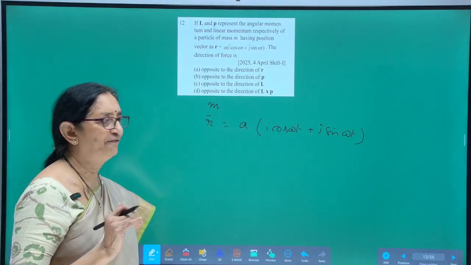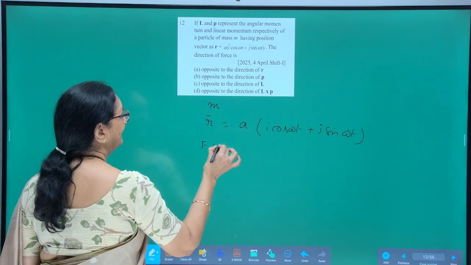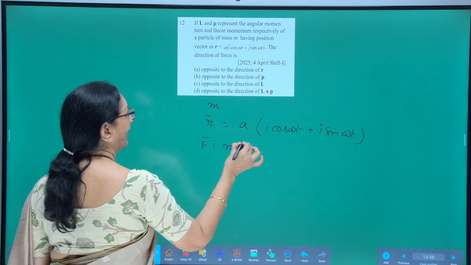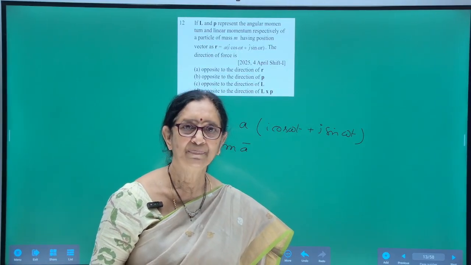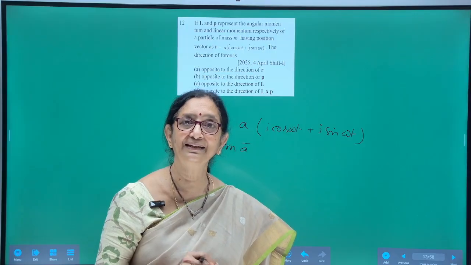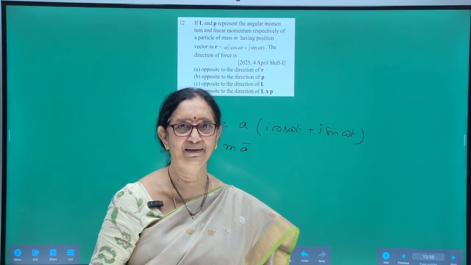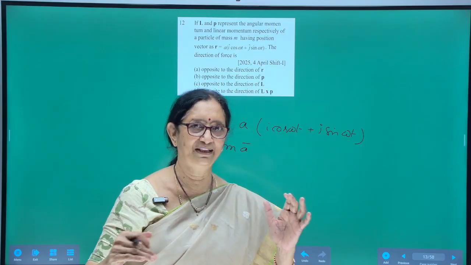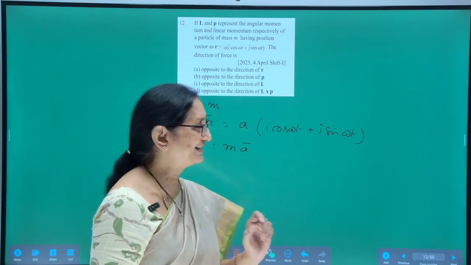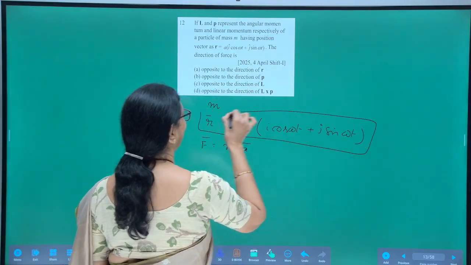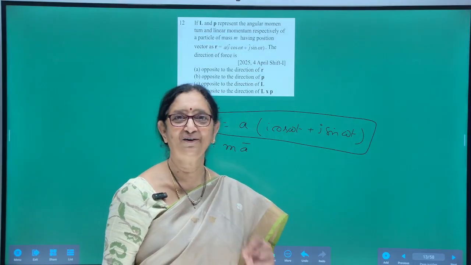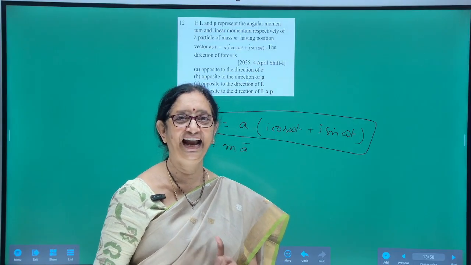So, force is equal to m a, or F bar is equal to m a bar, right. So, force is going to be in the direction of acceleration. First, I will tell you the method at length, but we can directly pick up the answer if you have the real concept. I will tell you the shortcut at the end.